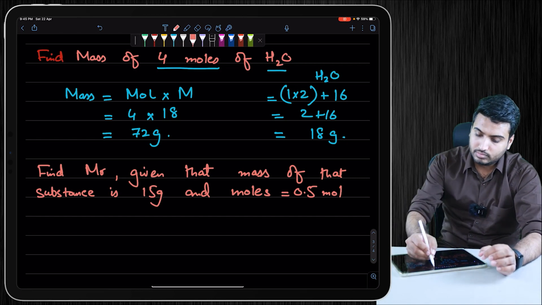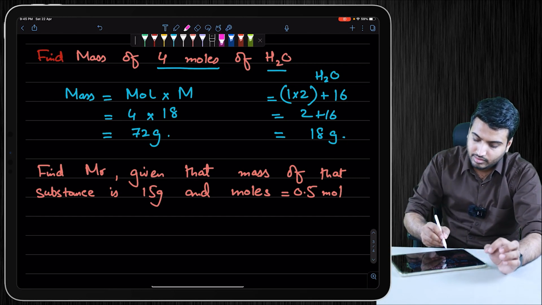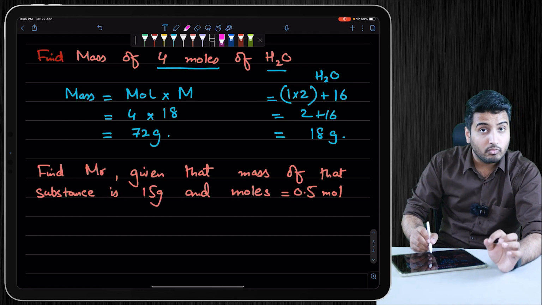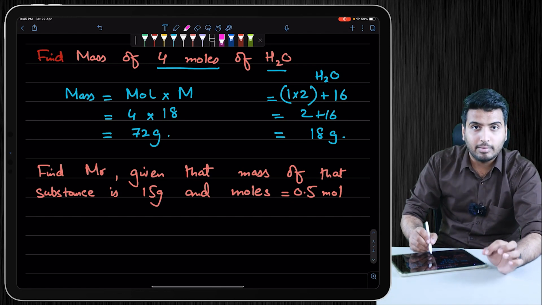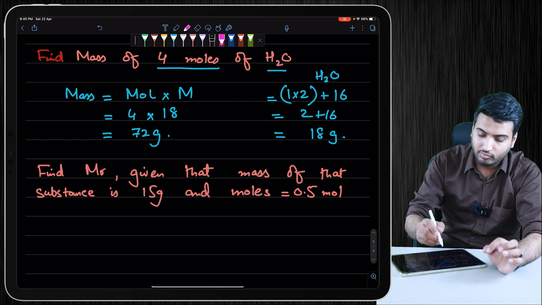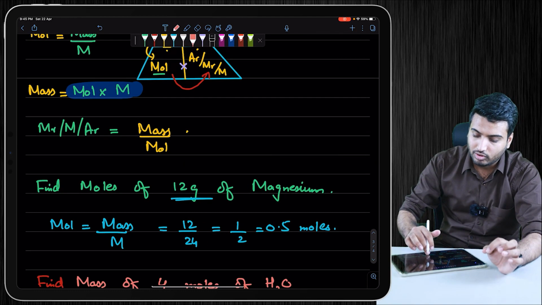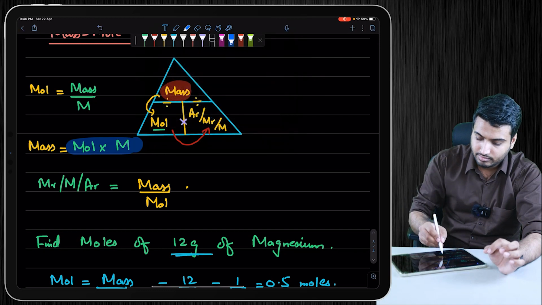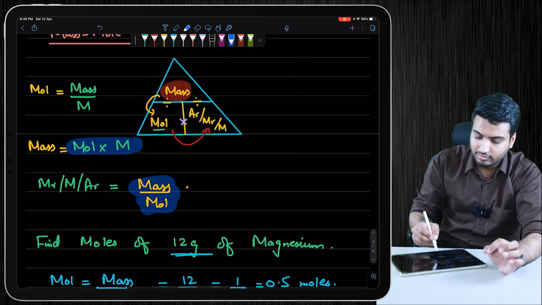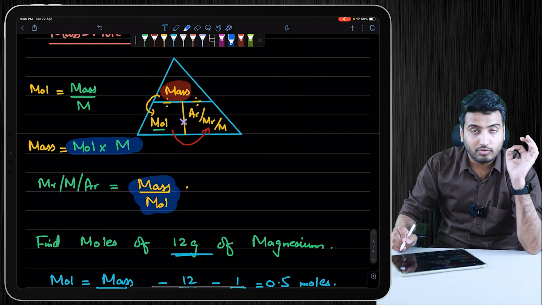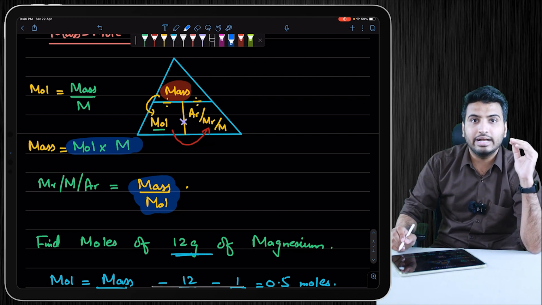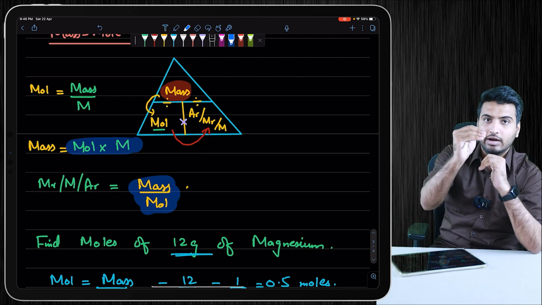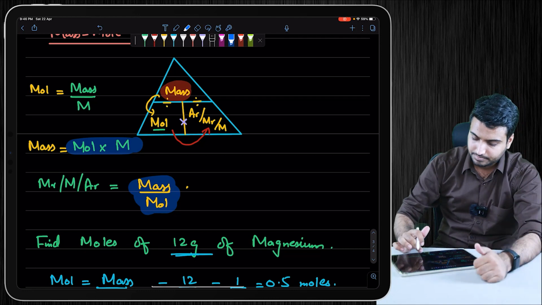Now we need to find relative formula mass. To find relative formula mass, we use the formula mass divided by moles.